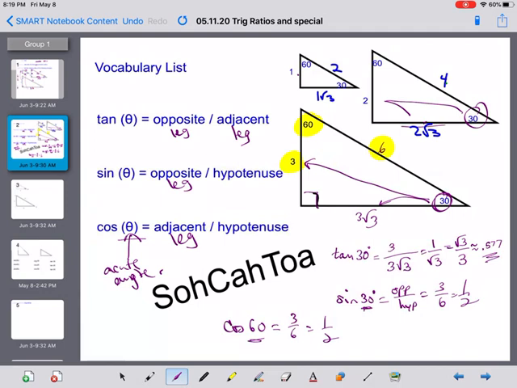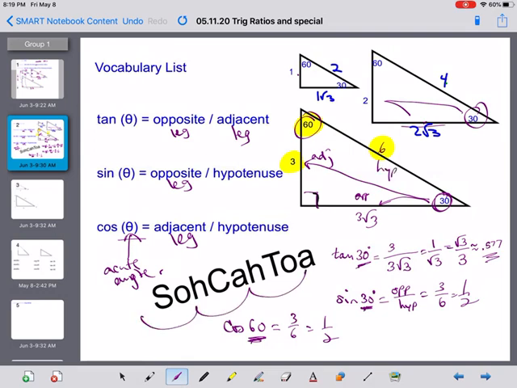So it's always with respect to the angle that's inside of the trig function. So when you get your triangle, you can label. So if you're working with 60, you would say opposite leg, adjacent leg, and then hypotenuse, and then go from there. So we're going to practice that.